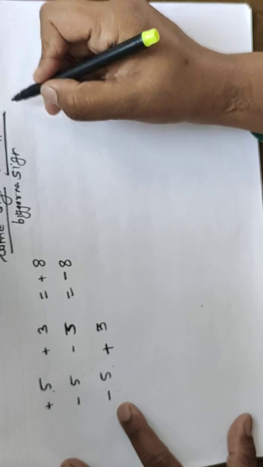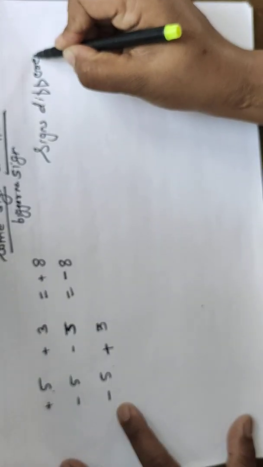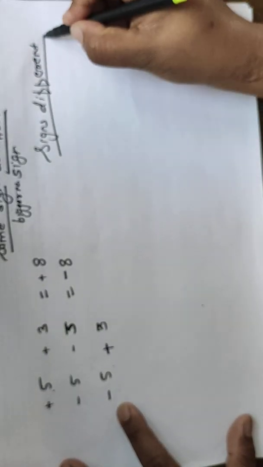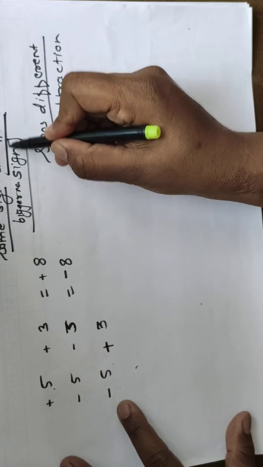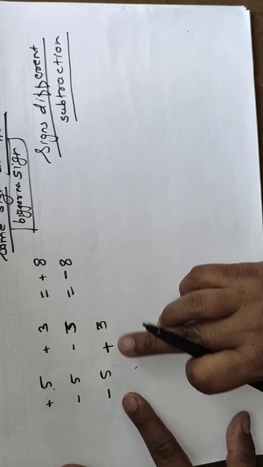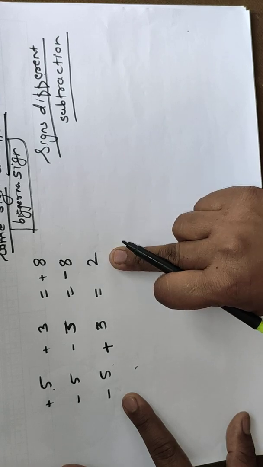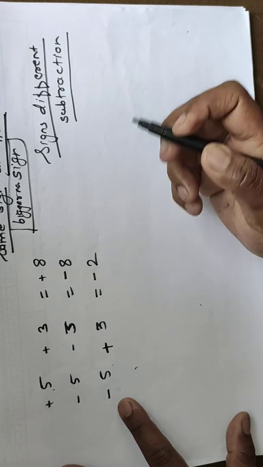If signs are different, we have to do the subtraction, and give the bigger number's sign. So minus 5 and plus 3. Signs are different, so we do the subtraction. The bigger number minus the smaller number, the answer is 2, and the sign is the bigger number's sign. So here it is minus 2.